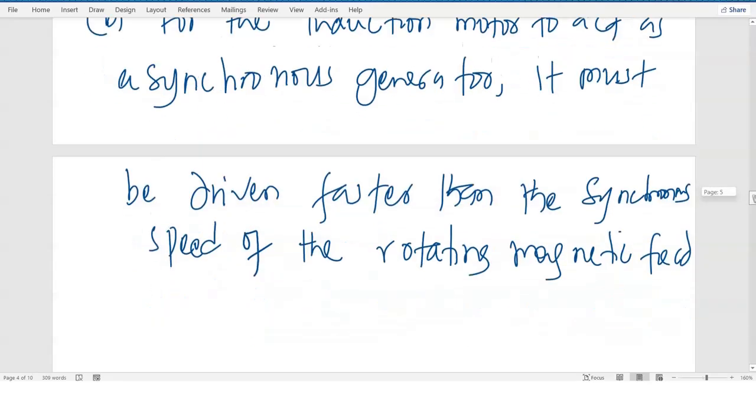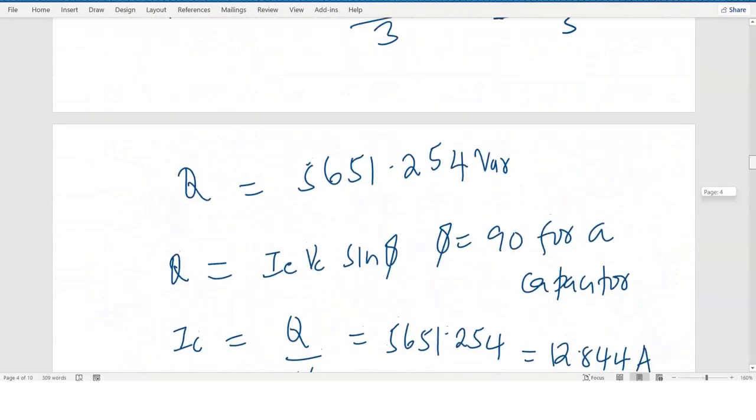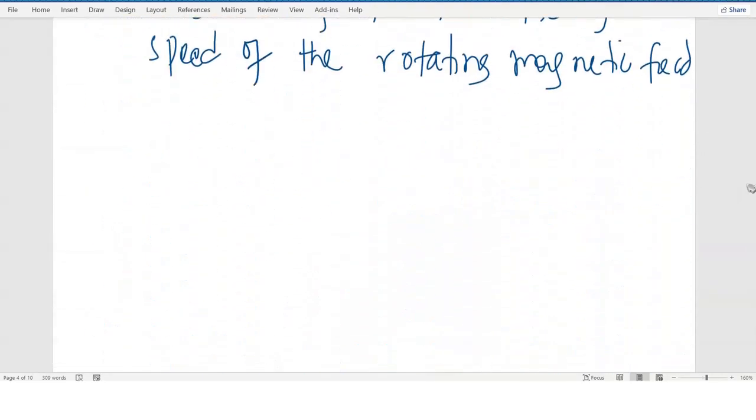So what does that call us to look for? We already know that the speed is 1760 RPM, so we can get NS.